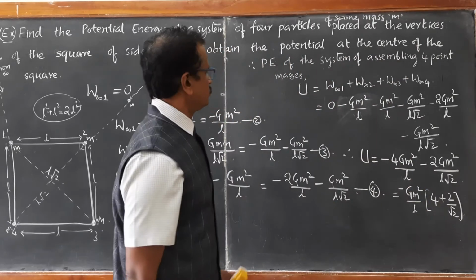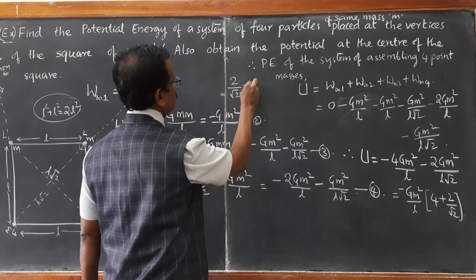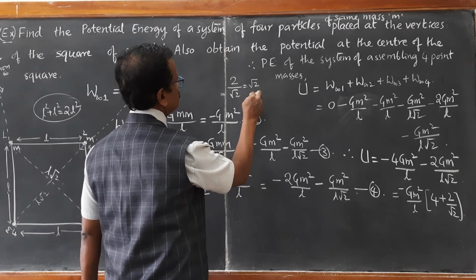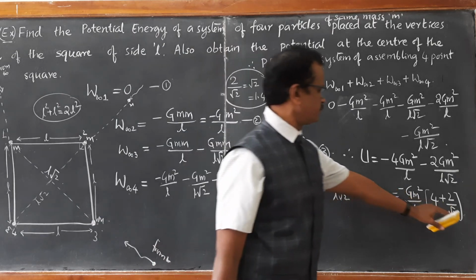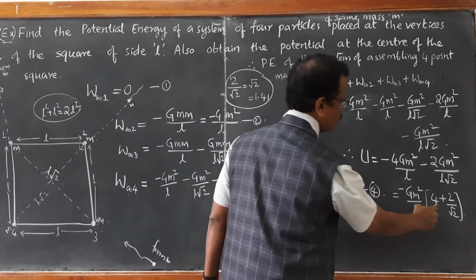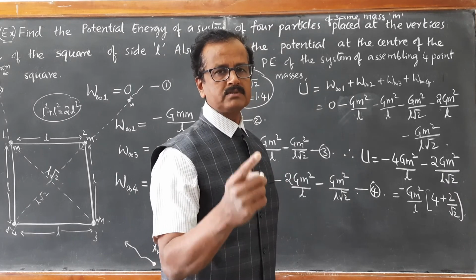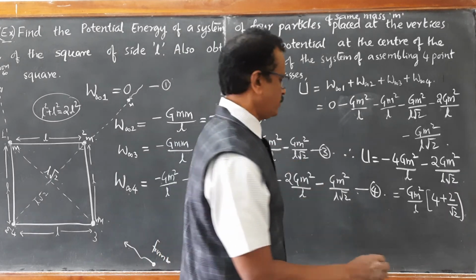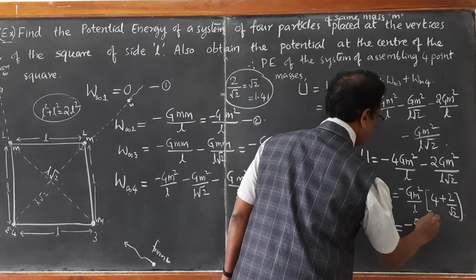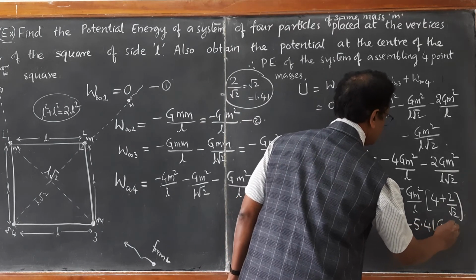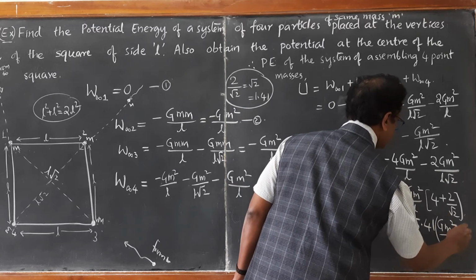So 2 by root 2 is root 2, and root 2 is 1.41. If you substitute 1.41 here, it becomes 4 plus 1.41, which is 5.41. So it becomes minus 5.41 gm square upon L. This is the final result.